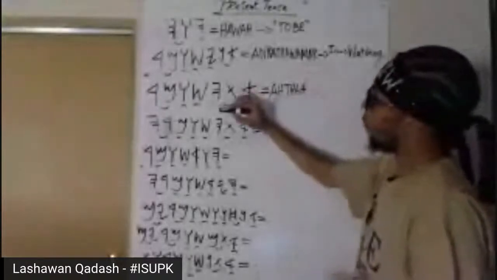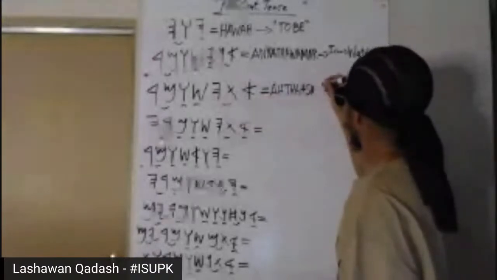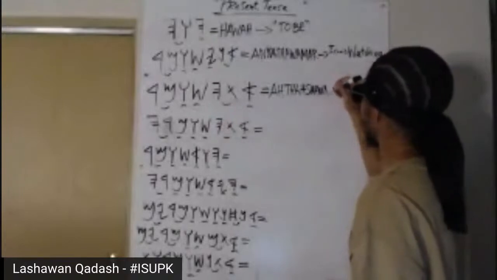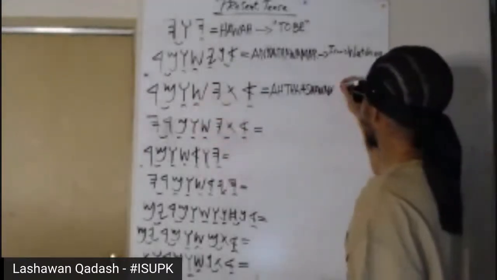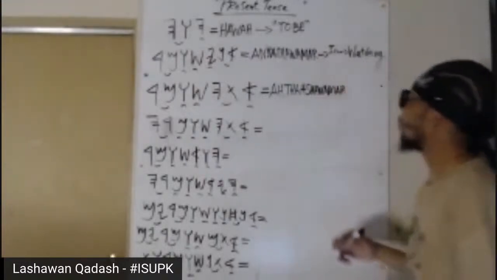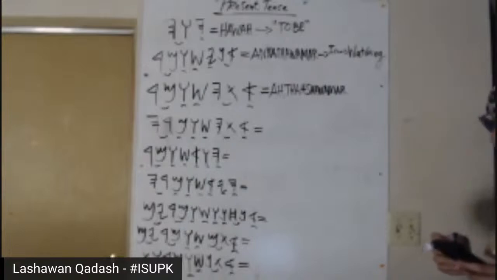Then you have the sh by itself, the wa by itself, then the ma and the ra, which is mar. You have shawamar, which is you are watching.